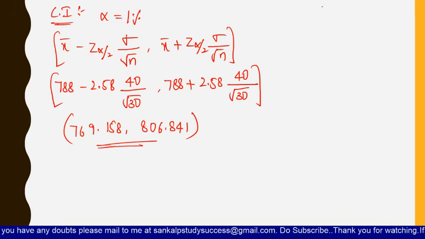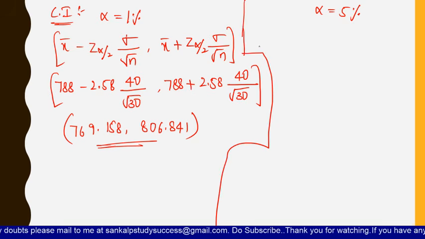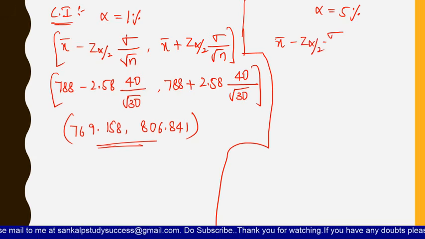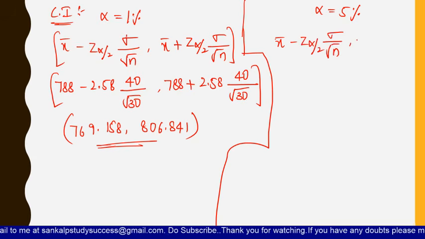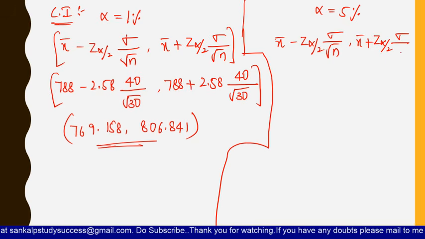Now we are going to also calculate for alpha equal to 5%. It is the same formula: x bar minus Z alpha by 2 sigma by root n, x bar plus Z alpha by 2 sigma by root n.